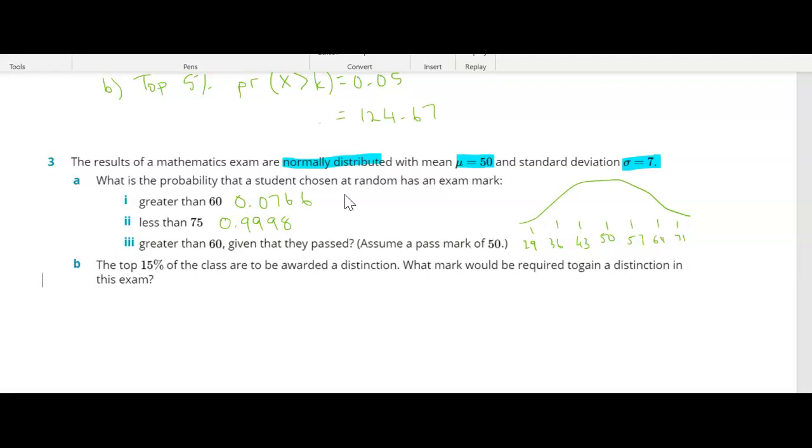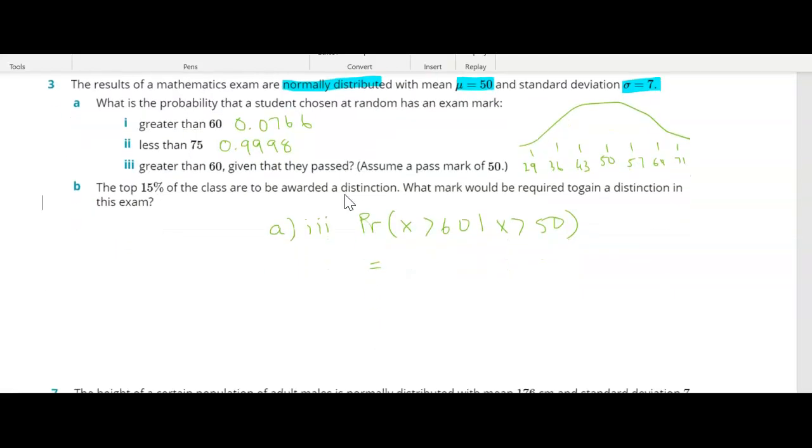Question 3, or part 3. All right, so we want the probability that x is greater than 60, given that they passed. Assume a pass mark of 50, so x is greater than 50. If I was going to write that with the conditional probability notation, it's a good idea to get into this habit just so you get familiar with the formula.